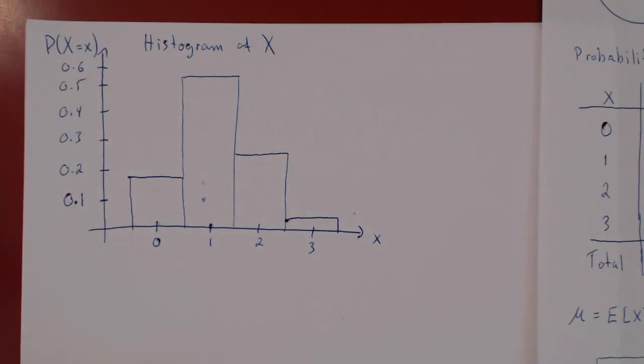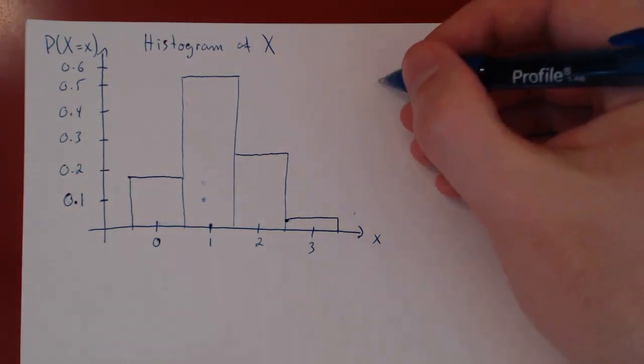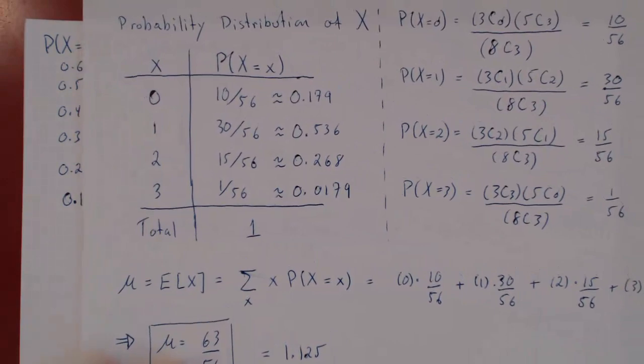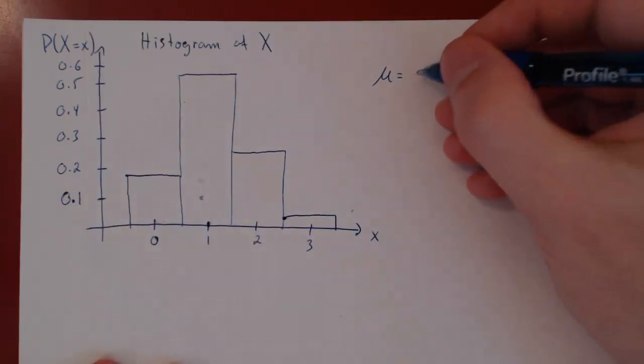Let's see how the mean and the variance fit in with this picture. If you remember, the mean was exactly 63 out of 56. We'll use here the decimal, 1.125.